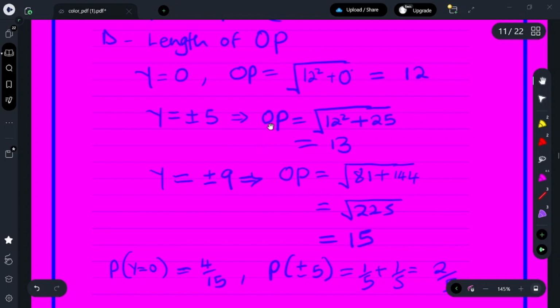And then the other one is when y is plus or minus 5, which is going to give us the square root of 12 squared plus 25, which equals 13. And then the last one is plus or minus 9 for the value of y, and that gives us the modulus, the square root of 81 plus 144, which gives us the square root of 225, which is equal to 15.